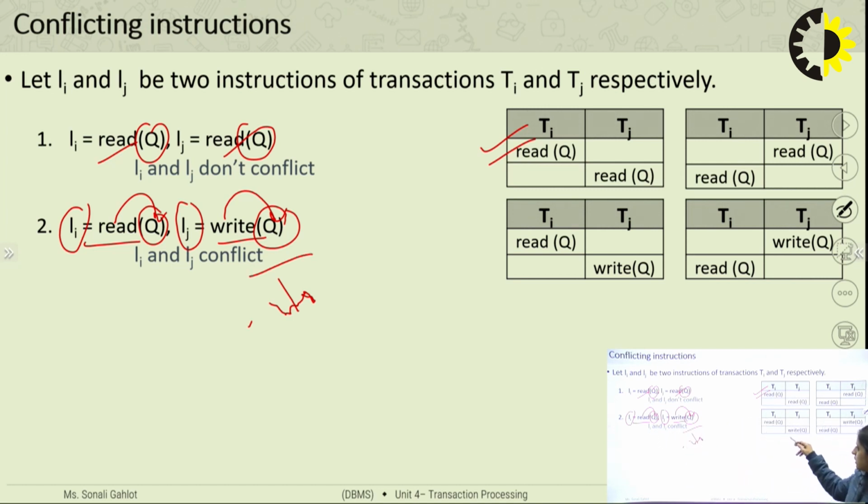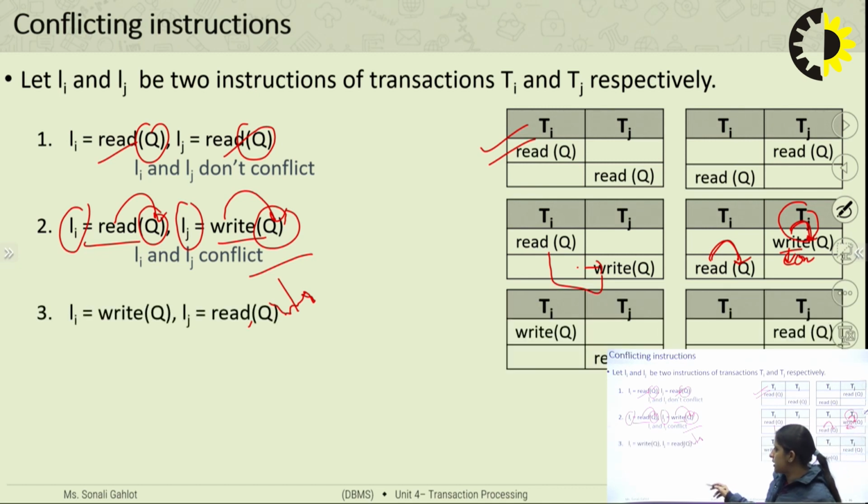We can also see here Ti reads Q and after that Tj writes Q. This is a condition of conflict, and this is also the same condition: Tj writes Q and Ti reads Q. Here there is a chance of conflict, because whenever Tj writes Q, it may not have performed the commit operation yet.